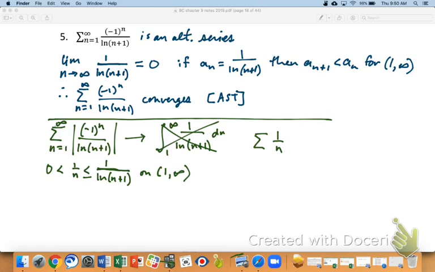All right. Okay, so once we've established that 1 over n is between 0 and our target series, the one we're trying to deal with, then we can use the convergence or divergence of 1 over n to help us. So what we can now say is sigma from n equals 1 to infinity of 1 over n diverges.